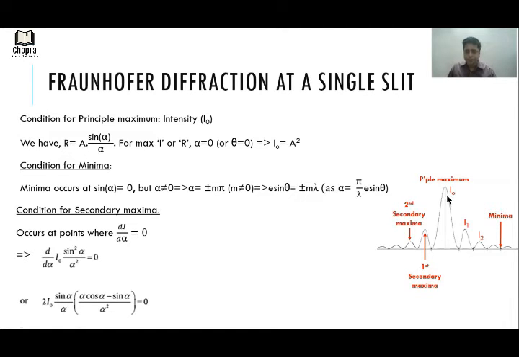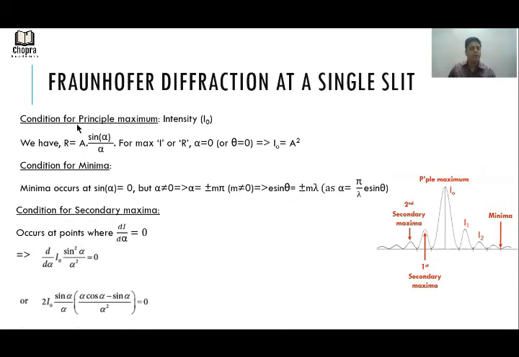So I have this intensity which corresponds to the central maxima, I denoted with I naught. That is the principal maxima intensity. And the further maximas are denoted as I1, I2, I3 and so on. These are the secondary maximas number 1, 2 and 3. And these are the minima points. So our aim is to find the intensity at every such point.